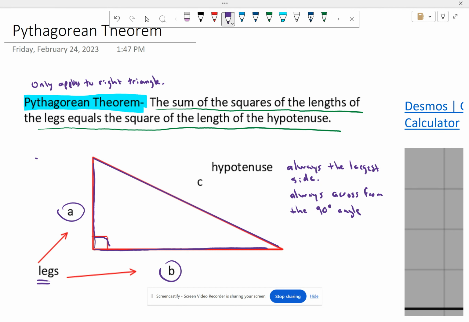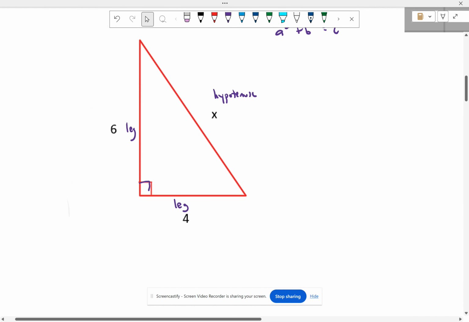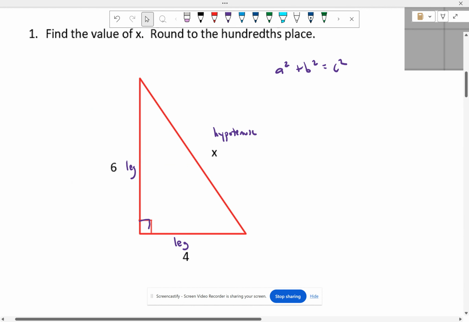If it's a wrong triangle, it would not apply. So if I want to find the length of x, I have my legs 6 and 4. It doesn't matter whether I call A 6 or B 6, A 4 or B 4, but the hypotenuse is what I'm looking for in this particular case.